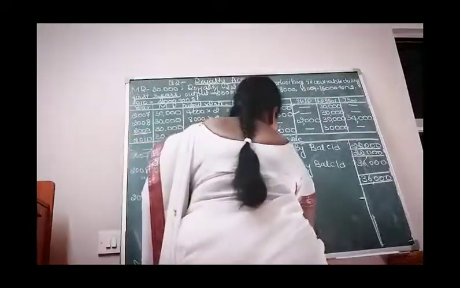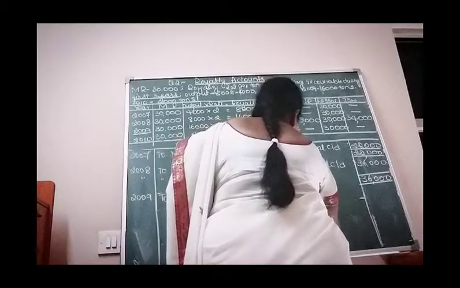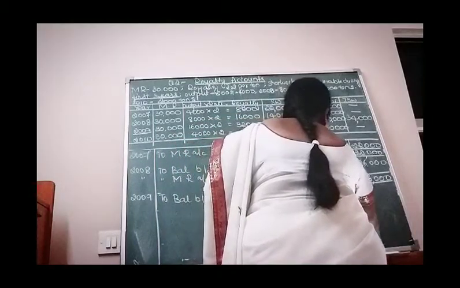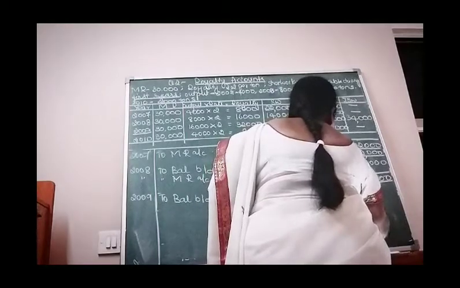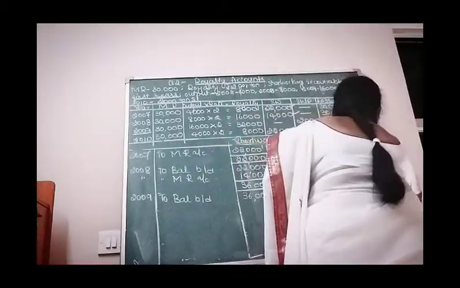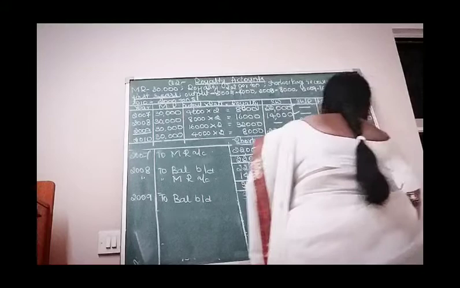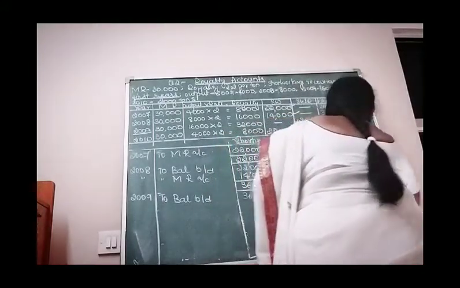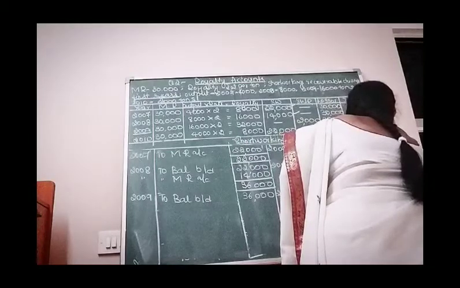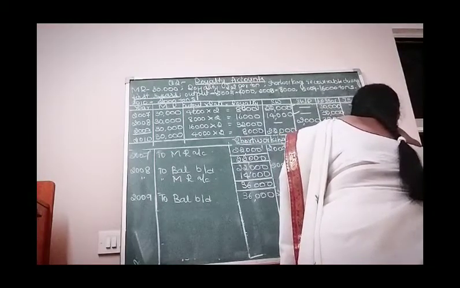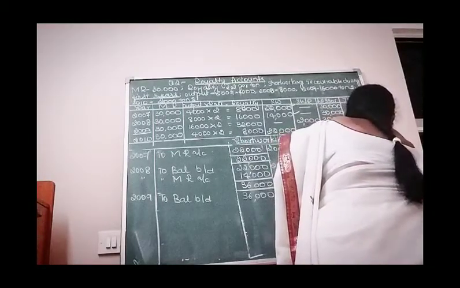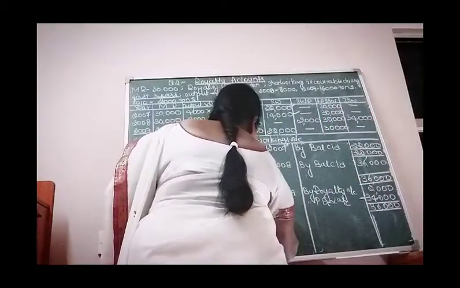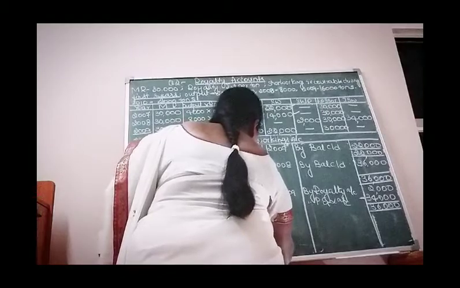So you make the entries to credit side. 2009. First we write whatever we have recovered by royalty account. We recovered 2,000 rupees, and whatever we could not recover, that is 34,000, will be transferred to profit and loss account. With that, you can close the ledger for this year 36,000.